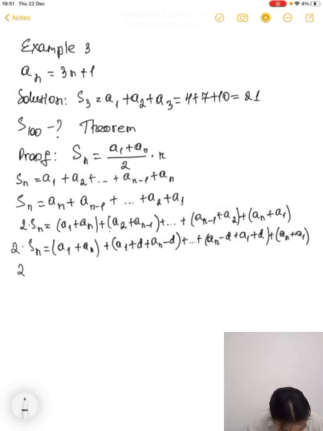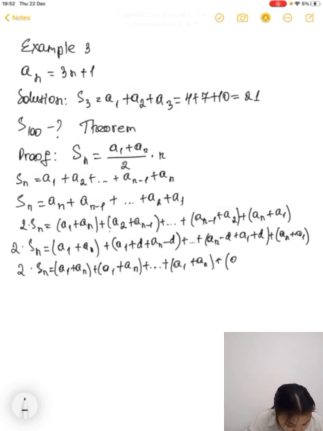Next, 2 times S sub n is equal to a sub 1 plus a sub n plus a sub 1 plus a sub n plus a sub 1 plus a sub n plus a sub 1 plus a sub n.